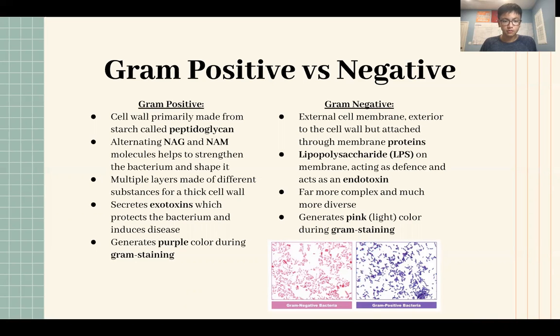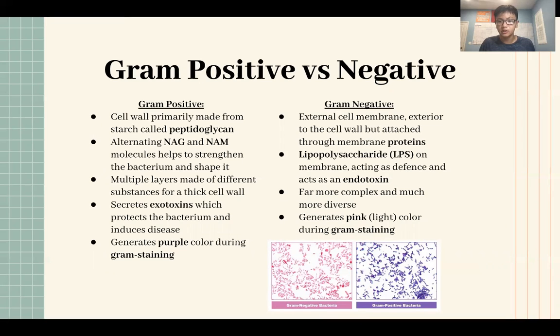Gram-positive bacteria secrete exotoxins, which help to protect the bacterium and can induce disease in foreign species that come close to it. Hence why you hear about so many bacterial infections and all of that. And then gram-negative is essentially without, and there's definitely more gram-negative bacteria.